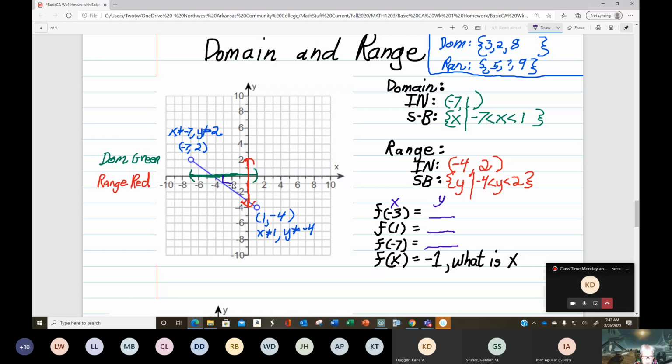And then I go over to the Y-axis, and I find out I'm at -1. So F of -3 is -1. And what this means is, I suppose it would have been better to do that in red, but I didn't think ahead.